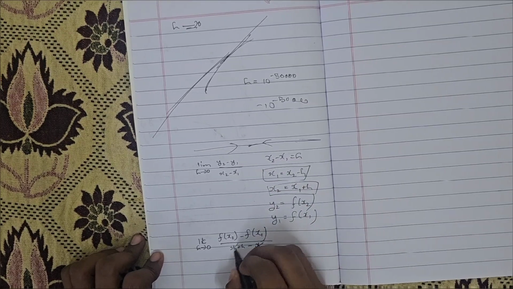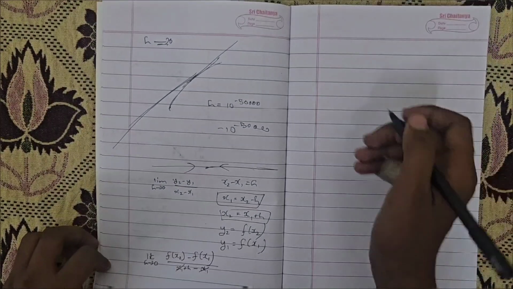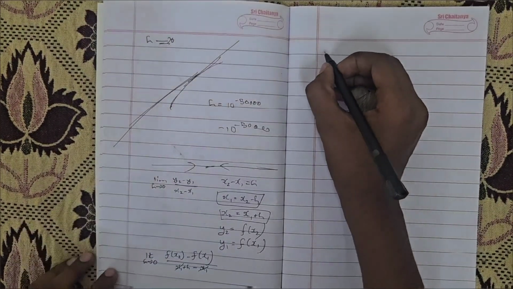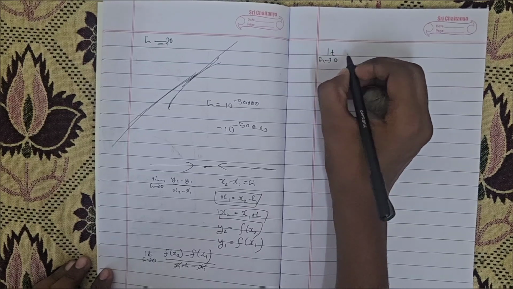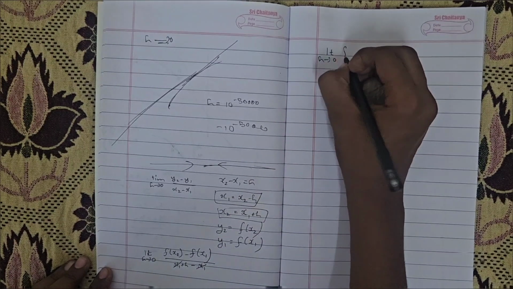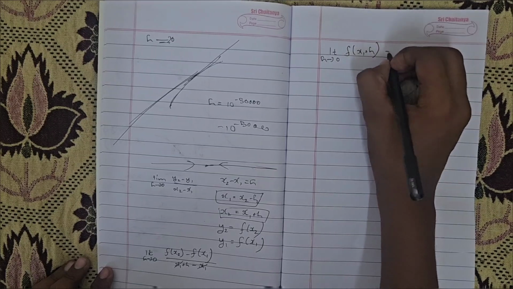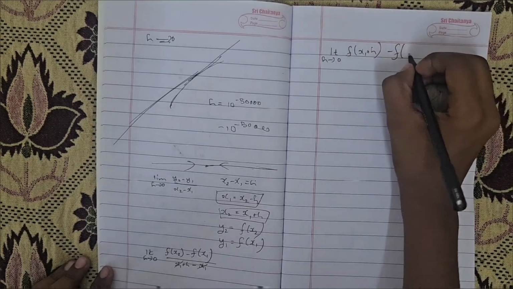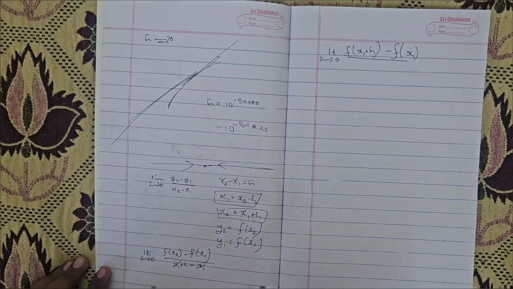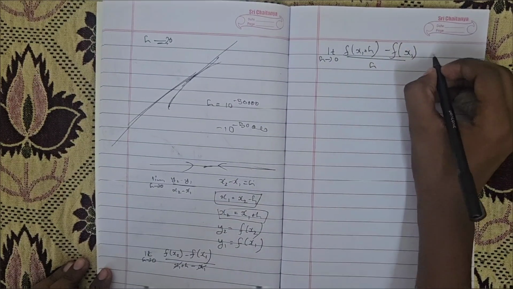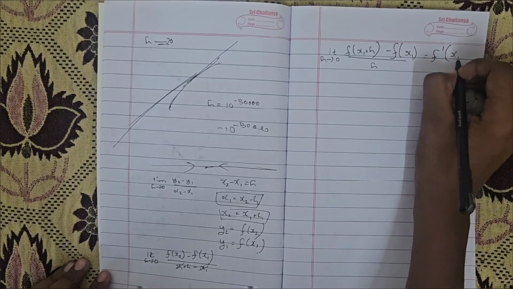So they get cancelled. Now limit h approaches 0, f of x1 plus h minus f of x1 divided by h, we just got the denominator as h, and this is nothing but f dash of x1.